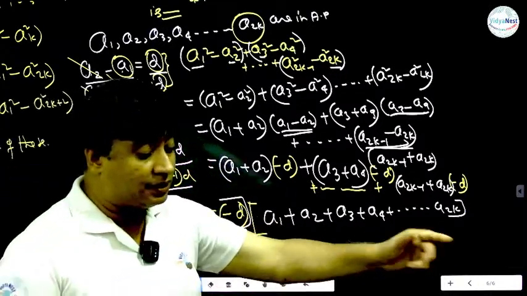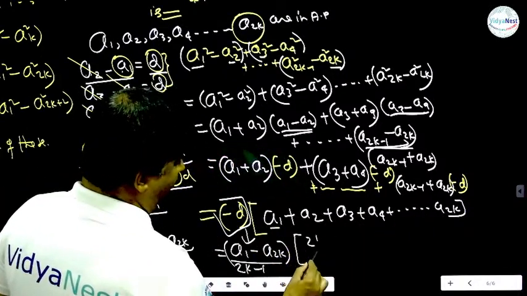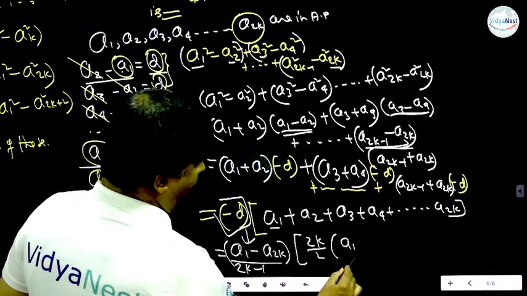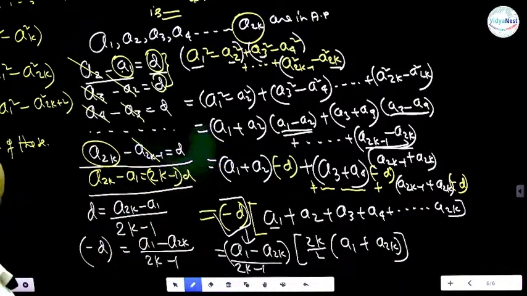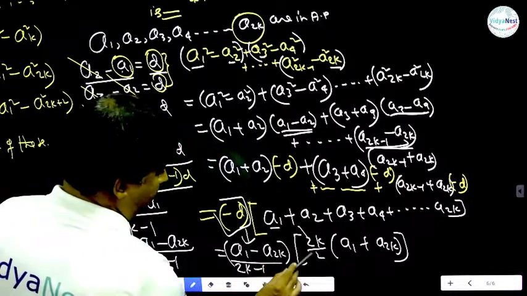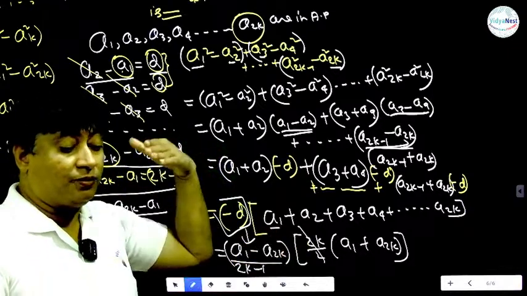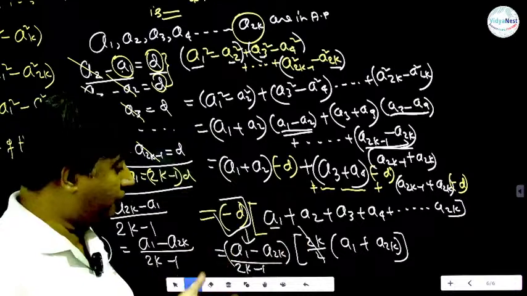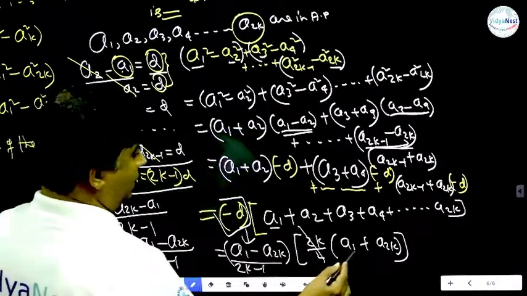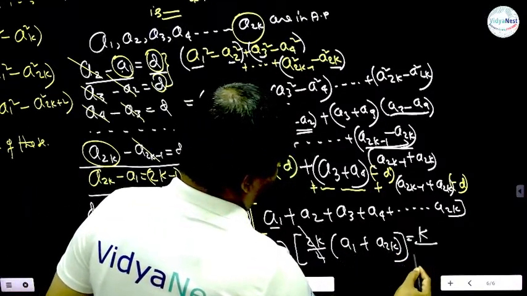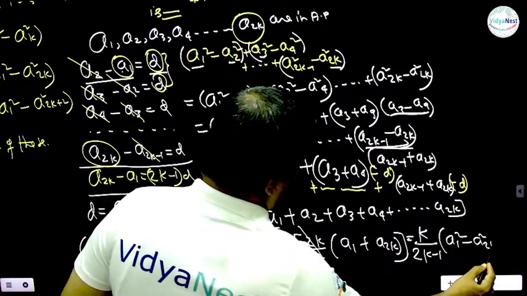What about that series? Here you see n number, n by 2, first term plus last term. That summation series, first term plus last term. 2 will get cancelled, and see again that old formula of childhood is knocking at our door, a plus b, a minus b, and you will get k by 2k minus 1, a1 square minus a2k square.